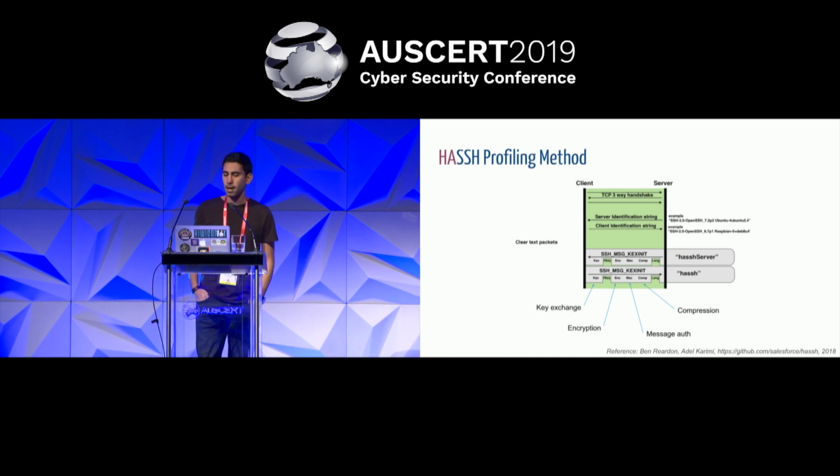The final composition is what you can see here: key exchange algorithms, encryption algorithms, MAC, and compression. We put all these things together and hash it in MD5, almost the same way as we do in JA3 for TLS. Then we have HASSH for client SSH applications and HASSHServer for SSH servers.